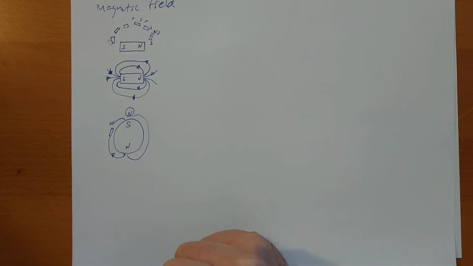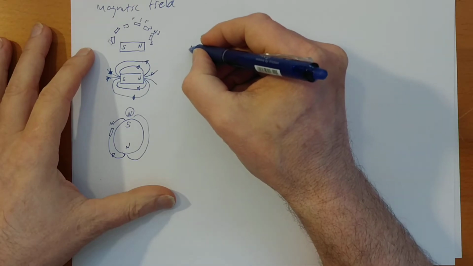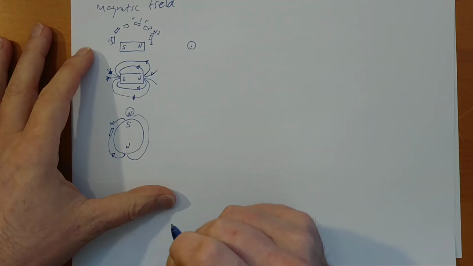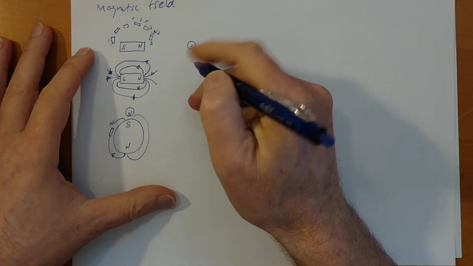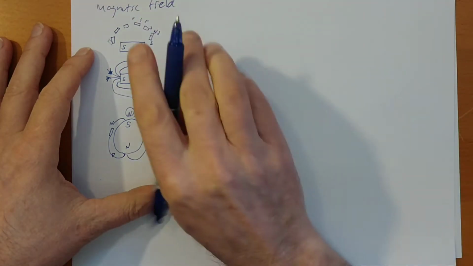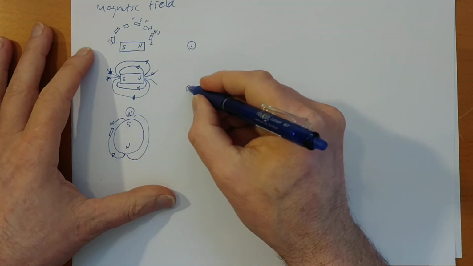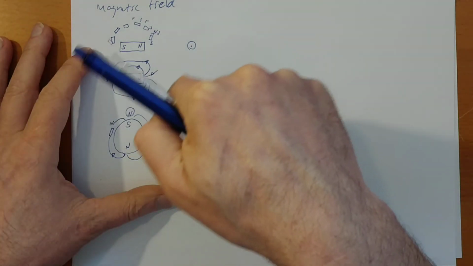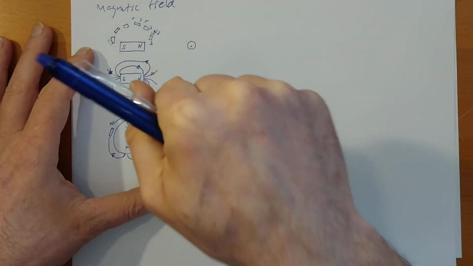Later on, they discovered that wires conducting electricity also create a magnetic field. I will now draw a symbol like that, indicating that we have a wire going outwards. Think of this as an arrowhead, so the wire is sticking out towards you. Or if I do like this, that will be the feathers on the backside of an arrow, so the wire is now going inwards.